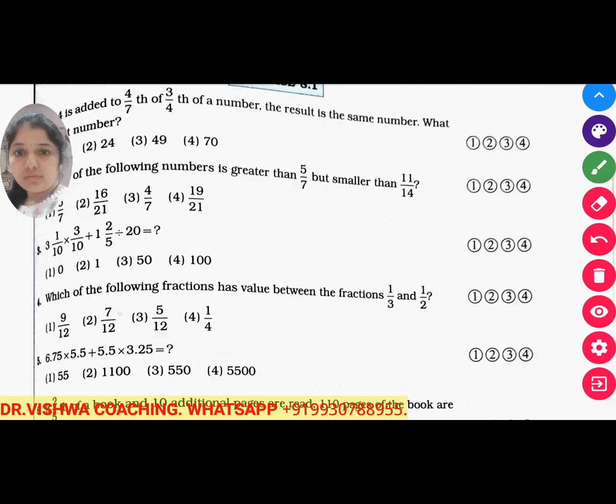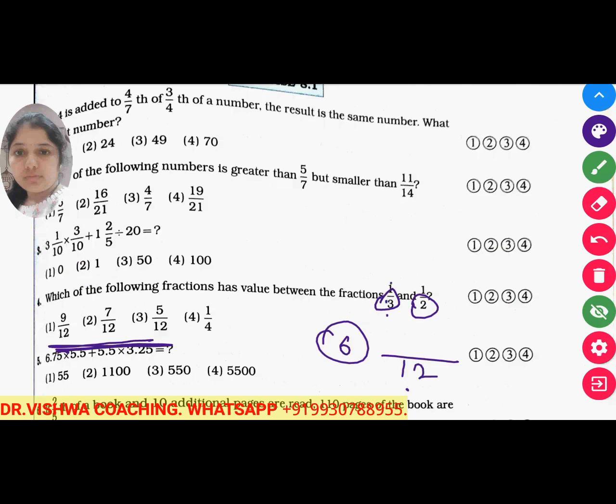Now the next one. Find the fraction value between the fraction 1/3 and 1/2. Now again here you have to find out the least common multiple of both of them, which is 6. But we don't use 6 here, we use 12 as a denominator because we want the answer in the form of 12 as a denominator.